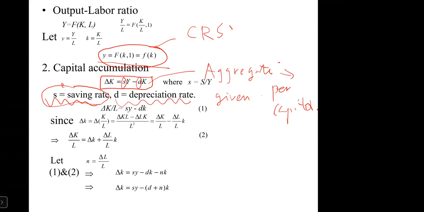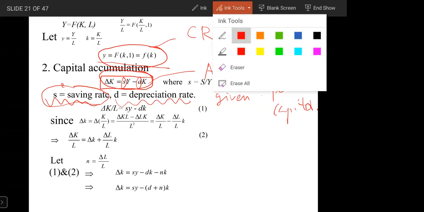So now how are we going to convert this aggregate into per capita? Now erase everything again. So now we are getting there. So this is where we are, aggregate. And this is per capita. All right? And then essentially we divide both sides by L.